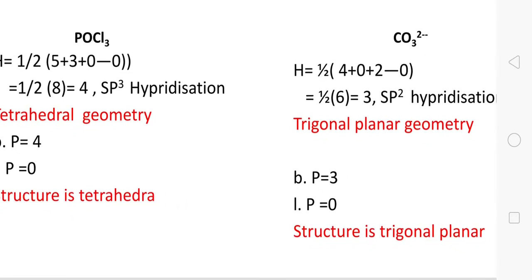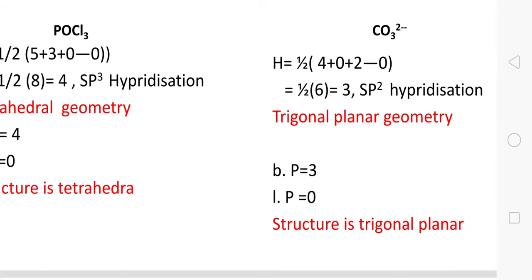For CO3 2 minus, H is equal to half. The valence electron of the central atom, carbon, is 4, plus monovalent atoms. Are there monovalent atoms? No. There are 3 oxygens, but oxygens are bivalent, so there are no monovalent atoms. So monovalent atoms is 0. This is an anion with 2 minus, so we must take 2, then minus 0.